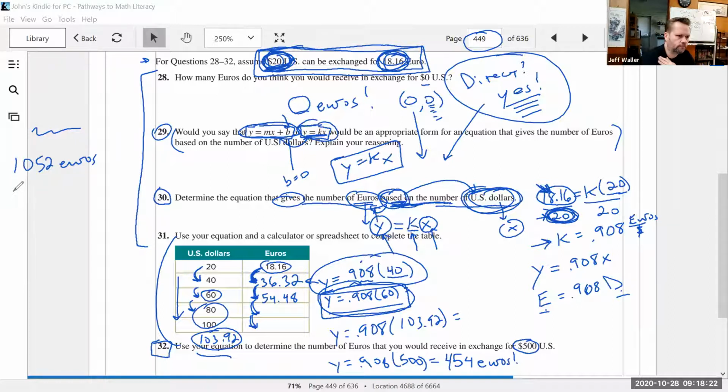Let me set it up real quick so everybody can catch up. So obviously this will go here, right? That's the euros. And then what'd you do, Vu? I divided 1,052 by 0.908.